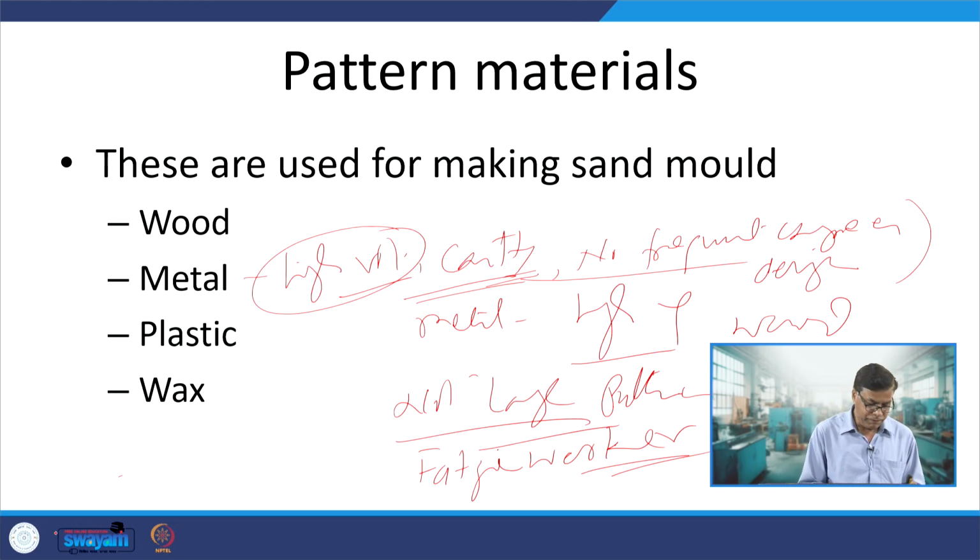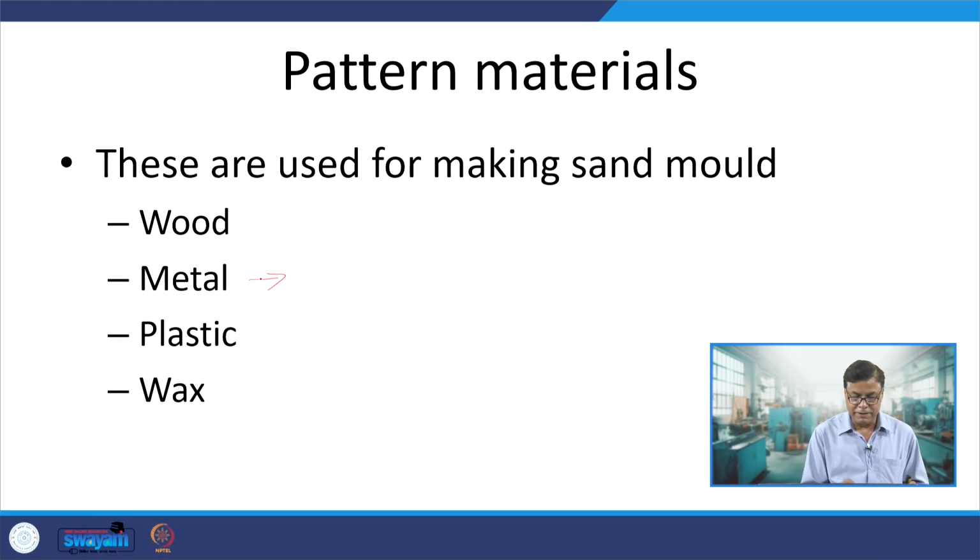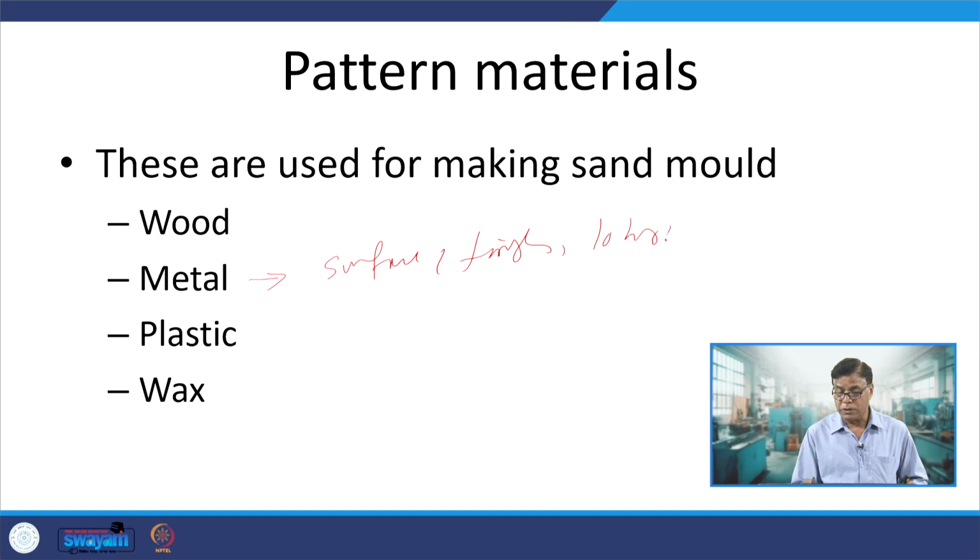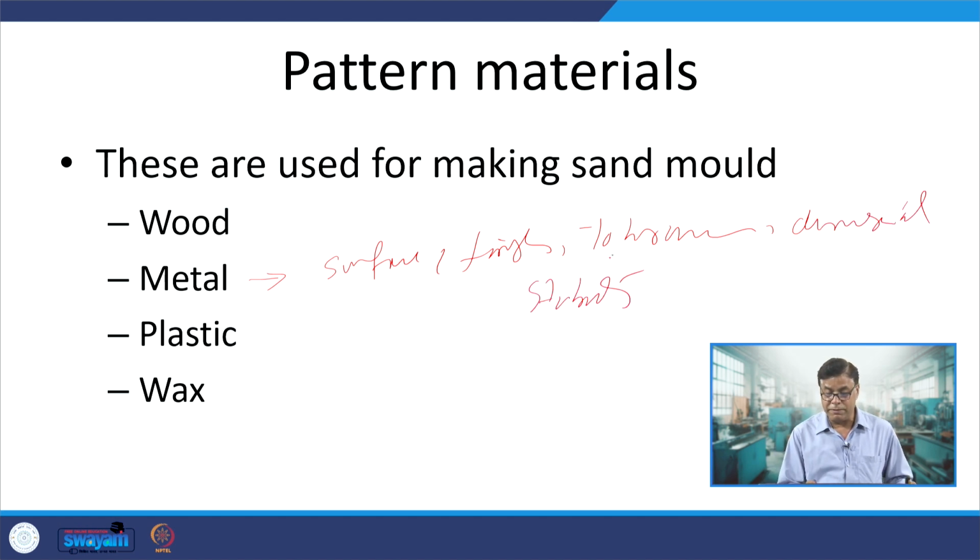The good part is that metals offer very good surface finish. Very close tolerance is maintained, and dimensional stability is also good, because metal is not very sensitive to moisture absorption or abrasion.